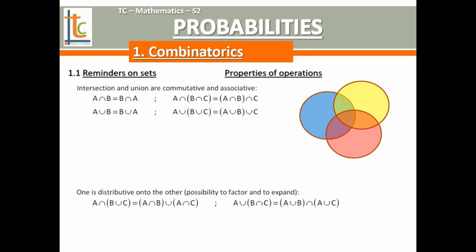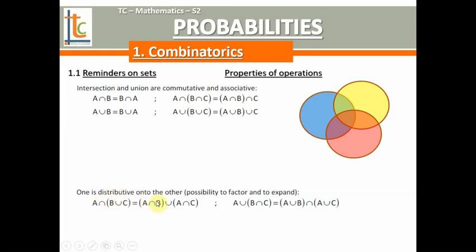More interesting is the possibility of distributivity. One operation is distributive over the other, and it works in both senses. Here we have a property that is not true with real numbers, or even with complex numbers. With numbers, the multiplication is distributive over the addition.